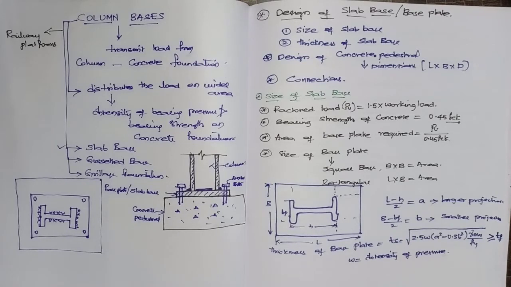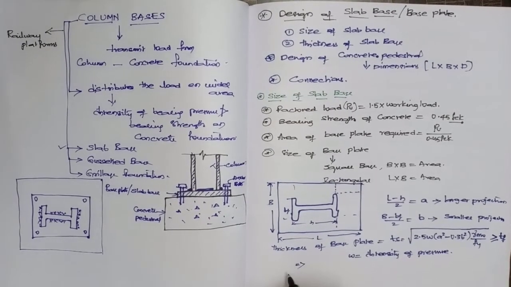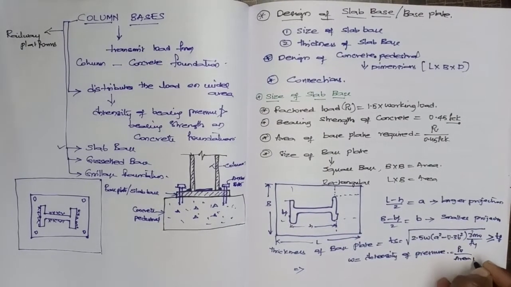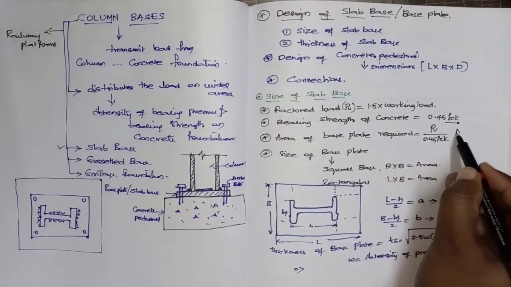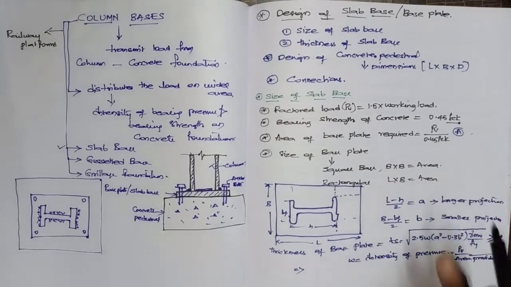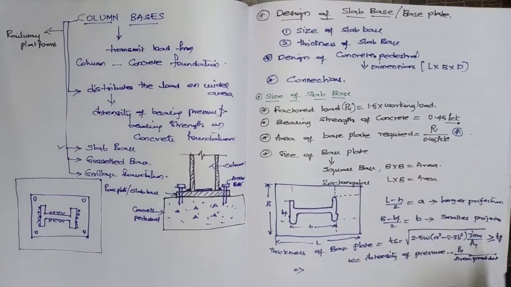So the intensity of pressure can be calculated as W equals PU by area provided. Generally here you will get some area, and you will round it up. This is the required area, and you will finalize the dimensions that you have to calculate. Area provided. While doing the problem, it will be very easy to understand.